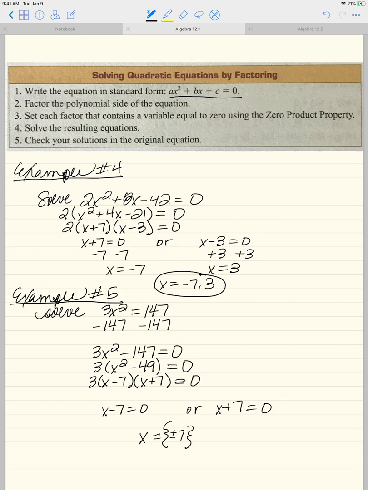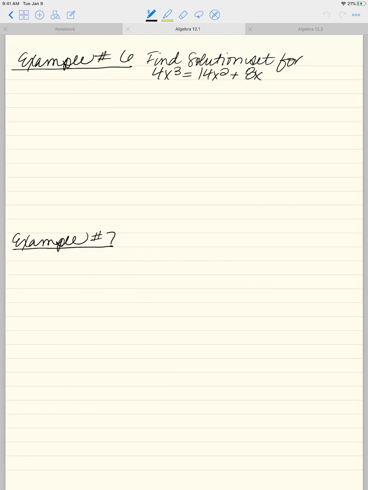An equation that looks like 4x cubed is equal to 14x squared plus 8x could have up to 3 real number solutions because that has a degree of 3. Example number 6. Find the solution set for 4x cubed is equal to 14x squared plus 8x.